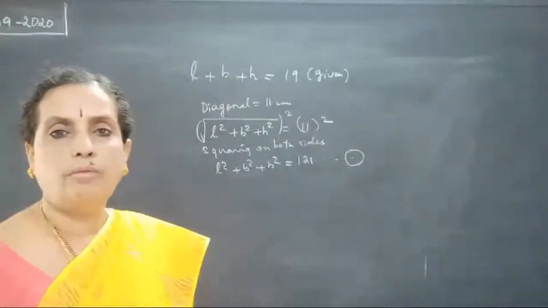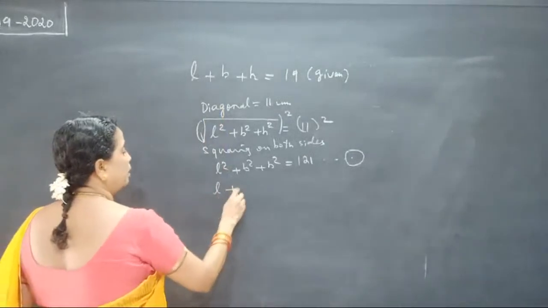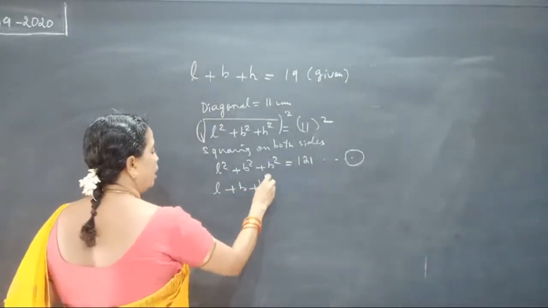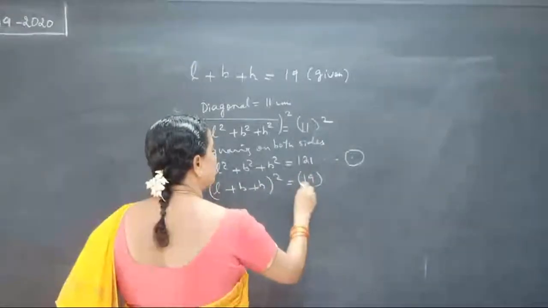Okay. Now let us consider what is given L plus B plus H. Again square it on both the sides.